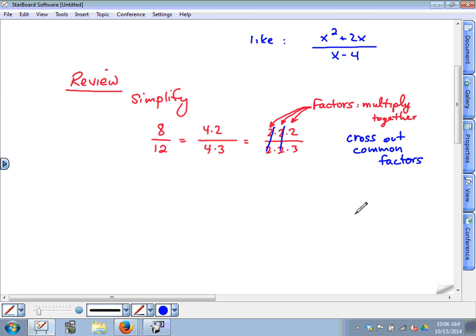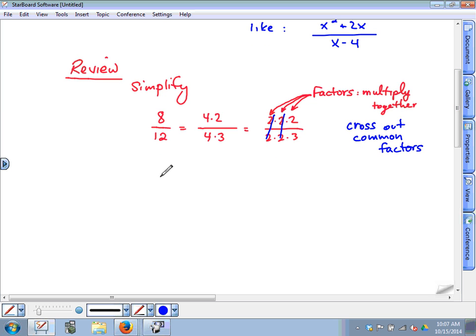But here's what you can't do. And I know you guys know this with numbers, but when we start doing expressions like this thing up here, then a lot of funky things start happening that aren't mathematical. So let's start again with 8/12. Couldn't I write this as 7 plus 1 over 11 plus 1? Isn't that still true? Can I cross out those ones?